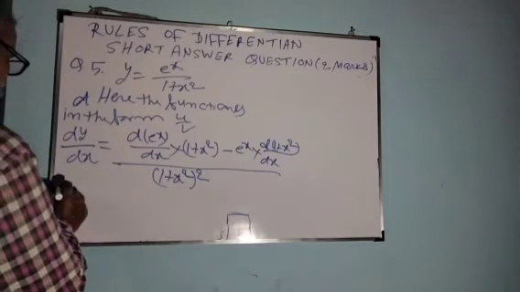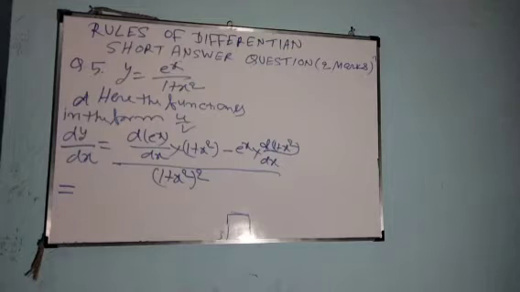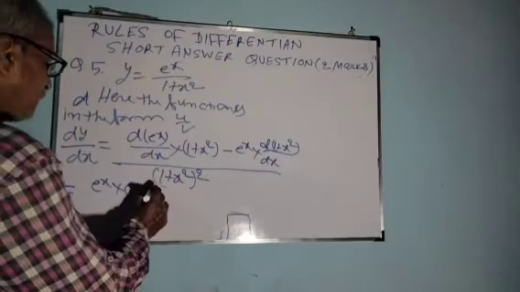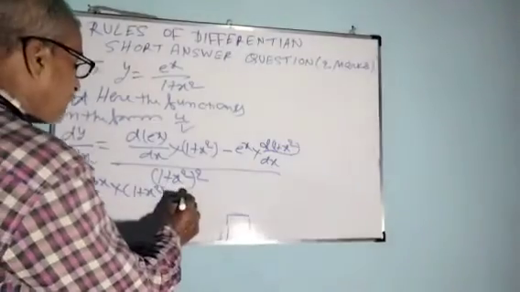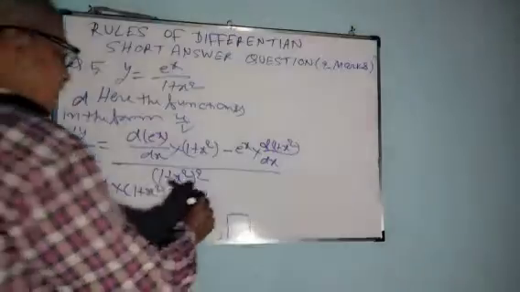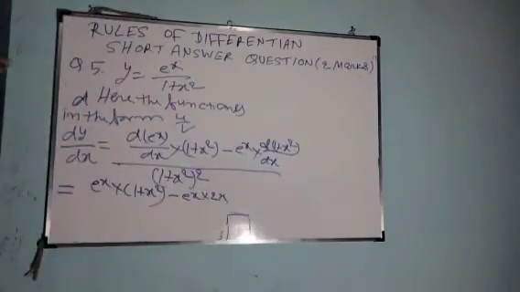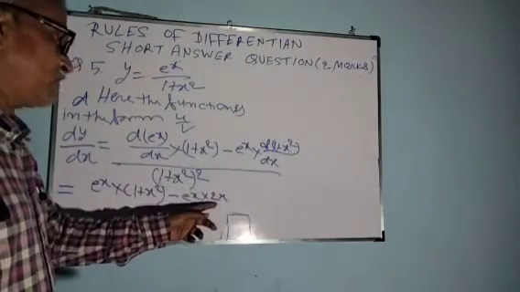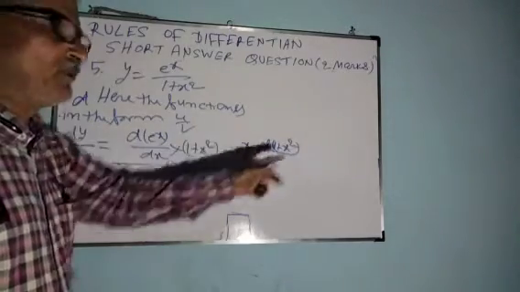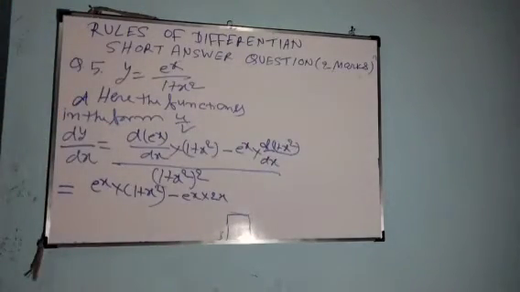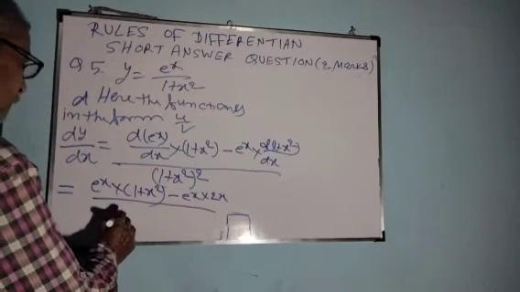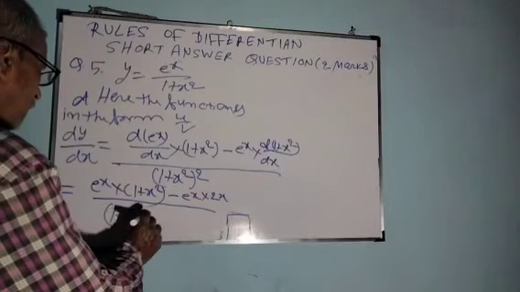This is equal to e^x into (1 + x^2) minus e^x into 2x. As we know, the derivative of a constant term is 0 and the derivative of x^2 is 2 into x^(2-1), that is 2x, divided by (1 + x^2) whole squared.